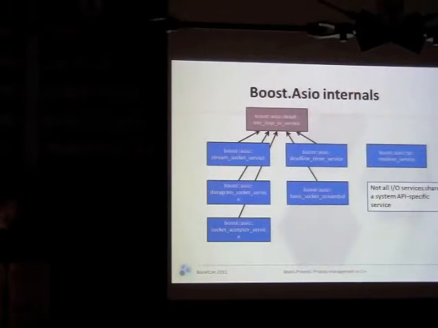Now, if you look at the I/O objects and at the I/O services in Boost ASIO, we see that indeed most of the classes try to use this platform-specific service underneath. But there are some exceptions, and one exception is the resolver service. The resolver service is used to resolve a host name.